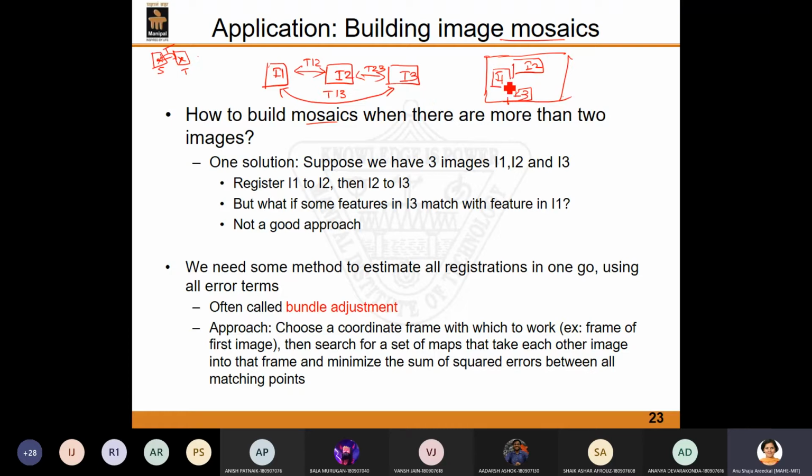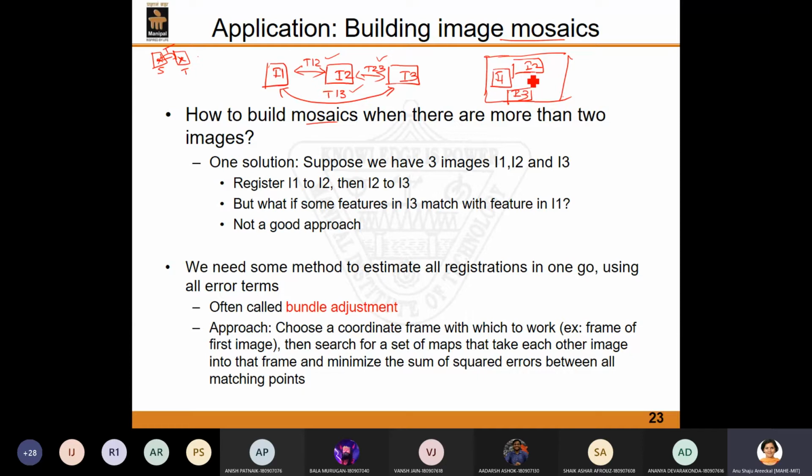Since they form a part of the bigger picture, it is important to compute all the transformations together, with respect to the same reference plane or reference coordinates.